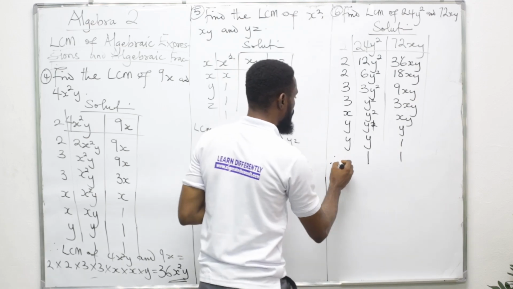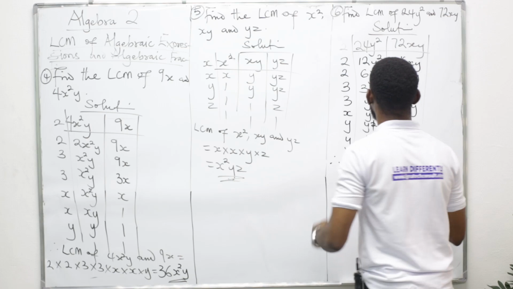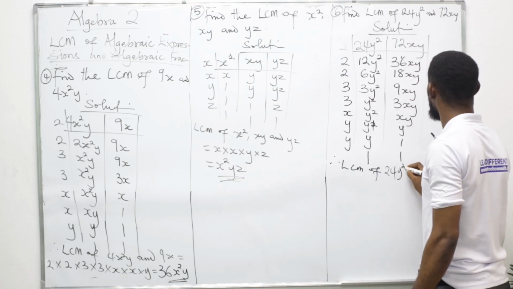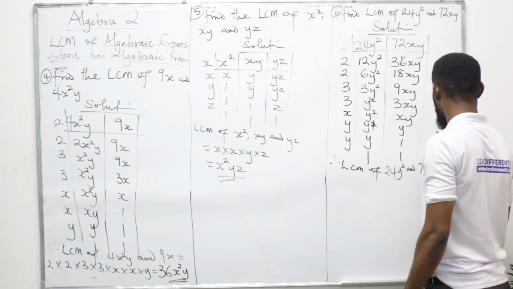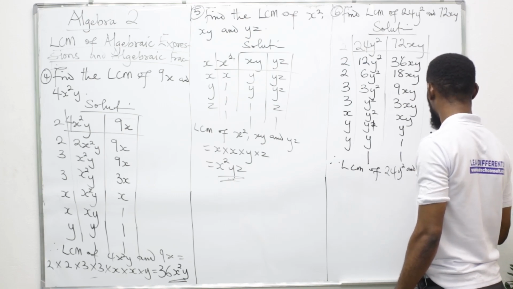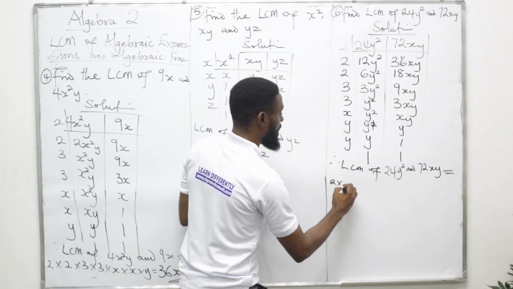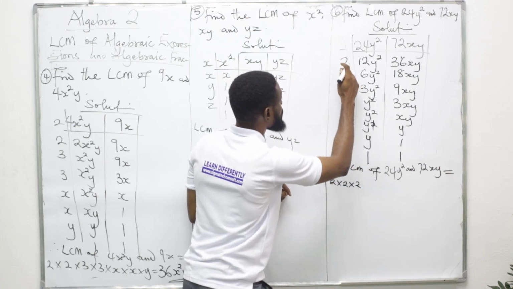So we say, therefore, LCM of 24y squared and 72xy is equal to multiplication of all these, okay? So this is 2 times 2 times 2, 1, 2, 3.